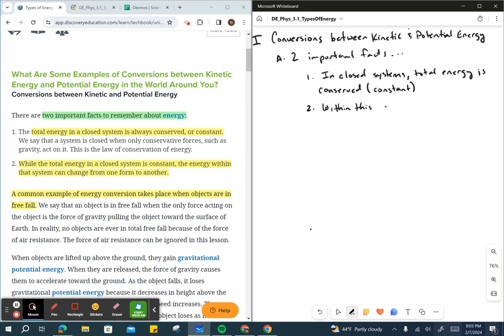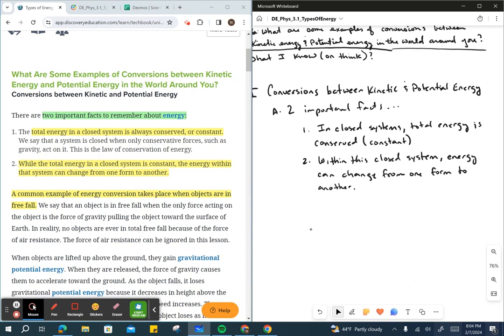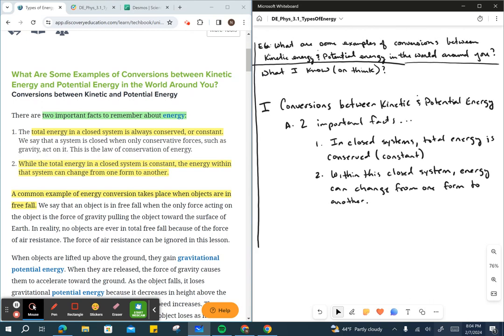Within this closed system, energy can change from one form to another. Okay, so we're just kind of making sure we got all of our notes there. It's all visible. A common example for energy conversion takes place when objects are in free fall.